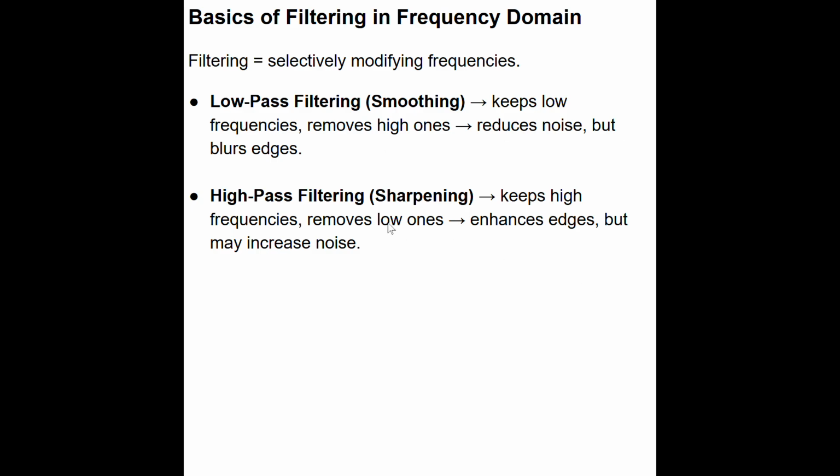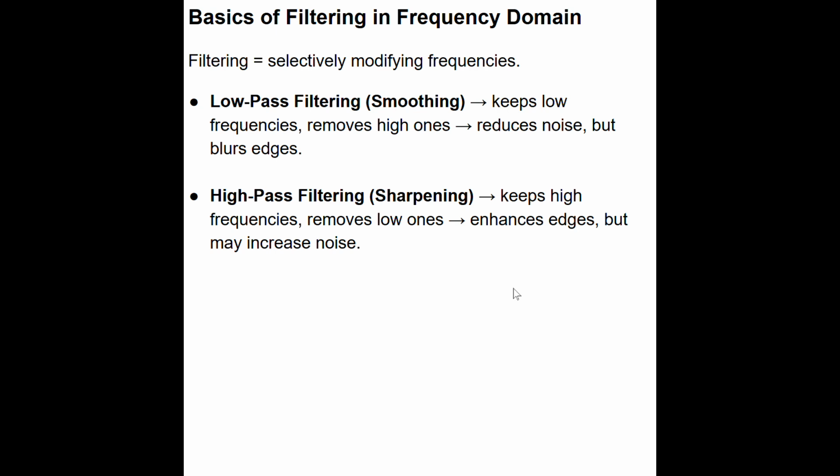Okay, so in short, low pass filtering deals with smoothing, which keeps low frequencies and removes the high frequencies, and overall it reduces the noise but it blurs the edges. And high pass filtering, which is called sharpening, keeps the high frequencies, removes the low frequencies, and enhances the appearance of the edges, but it can increase the noise that is present.